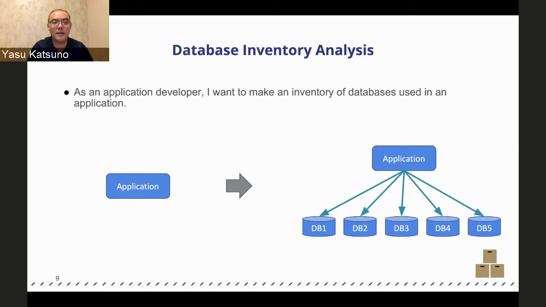Tackle-DiVA analyzes application code that accesses the database. One of the typical cases is SQL, database SQL strings. Tackle-DiVA analyzes SQL operations in application source code and finds out what database tables are used.